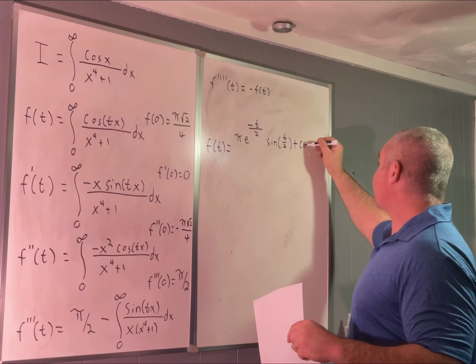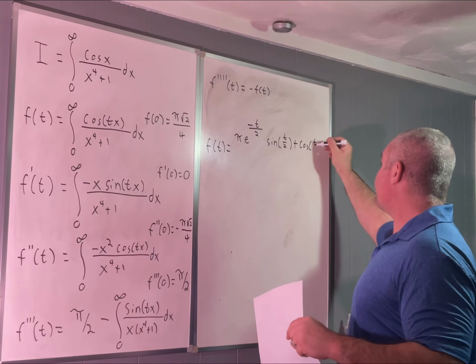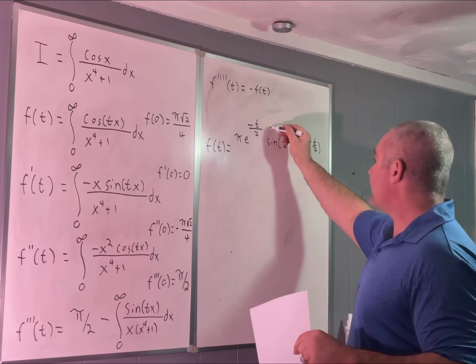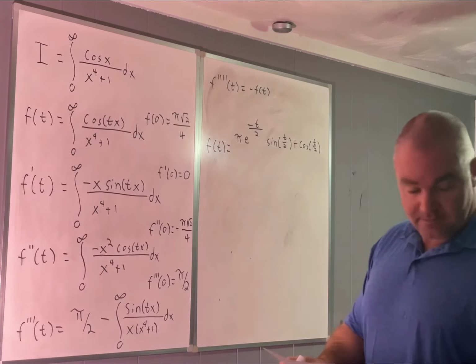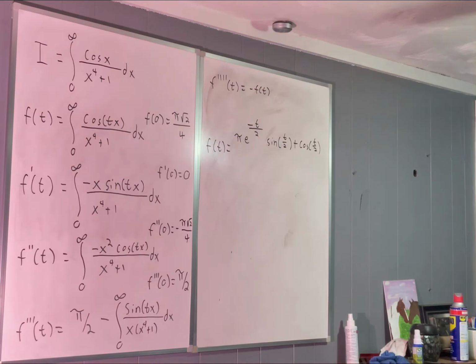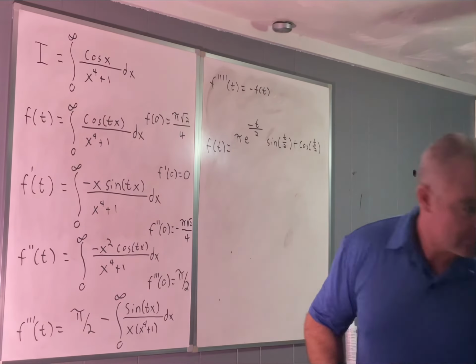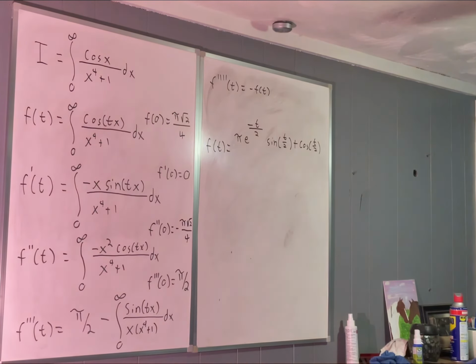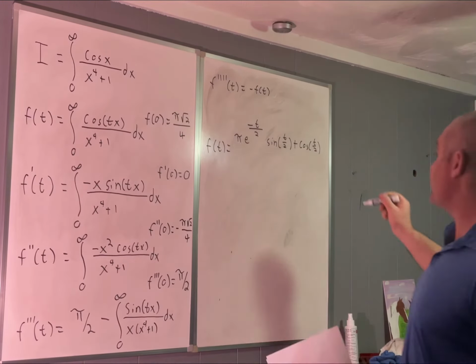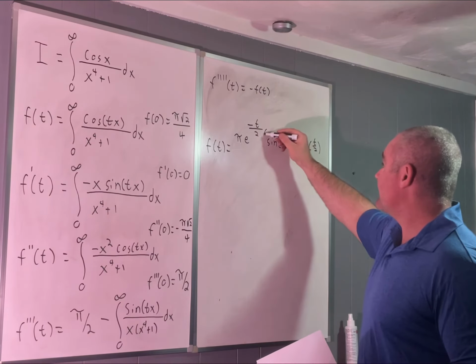Plus the cosine of t over 2, and then this needs a parentheses around it.